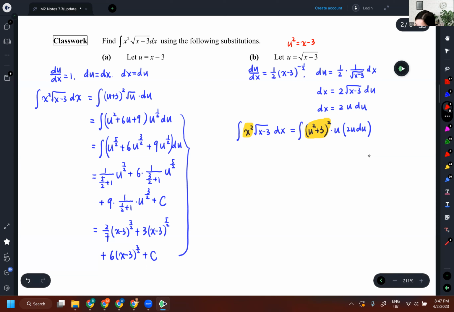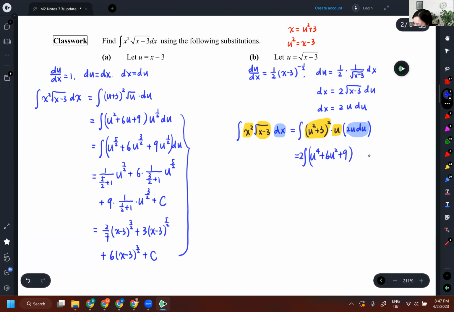And then this part. Everything. Now because you did that, I think it's a little bit easier with the integration. This is u to the 4 plus 6u squared plus 9, times 2u squared du.